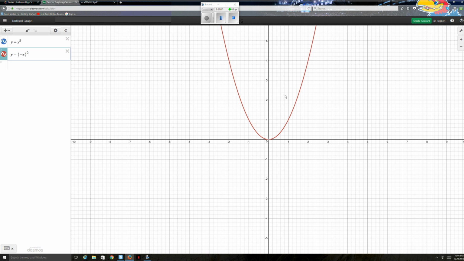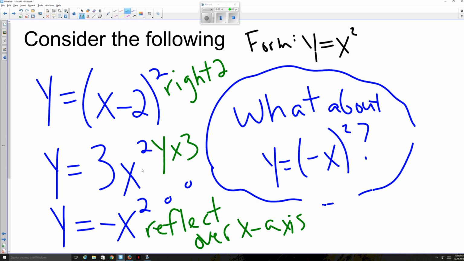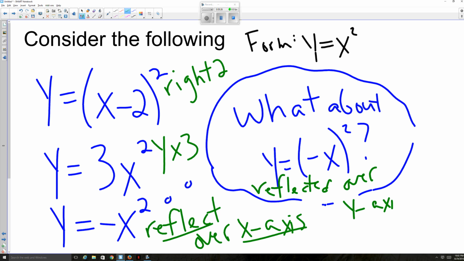Well, but look at this. We have the same graph. Now, hopefully this makes sense, and we'll talk more about this. But what happens here is we reflected the other one over the x-axis. This one gets reflected over the y-axis.